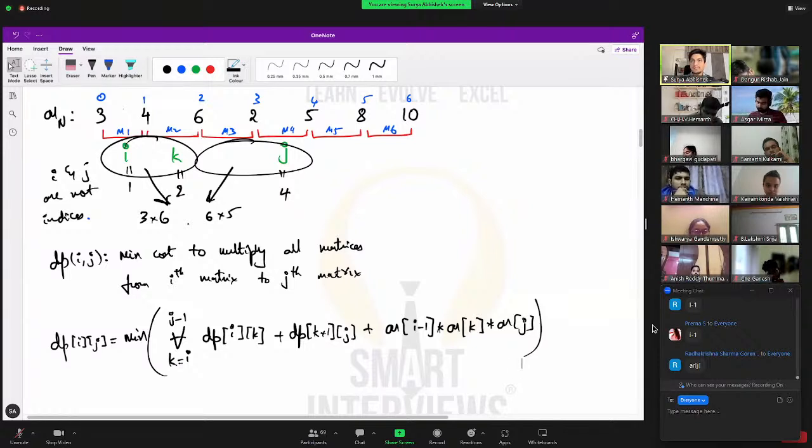Once you multiply them, you should multiply those two results together. That is what we are computing here.